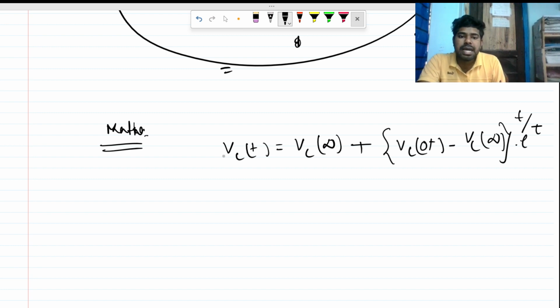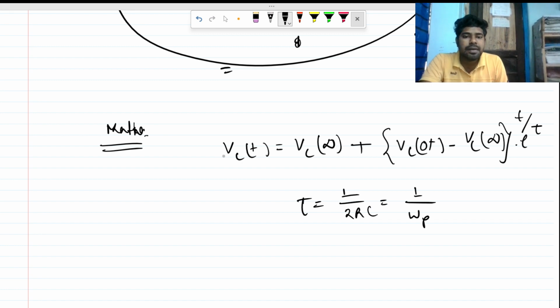Here tau is nothing but 2RC, and this is nothing but 1 over omega p. So this is how you can mathematically find this Vc voltage at any time instant.